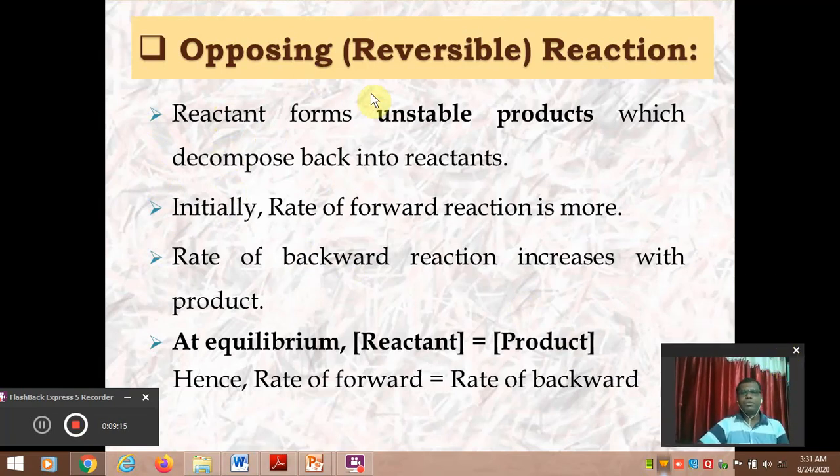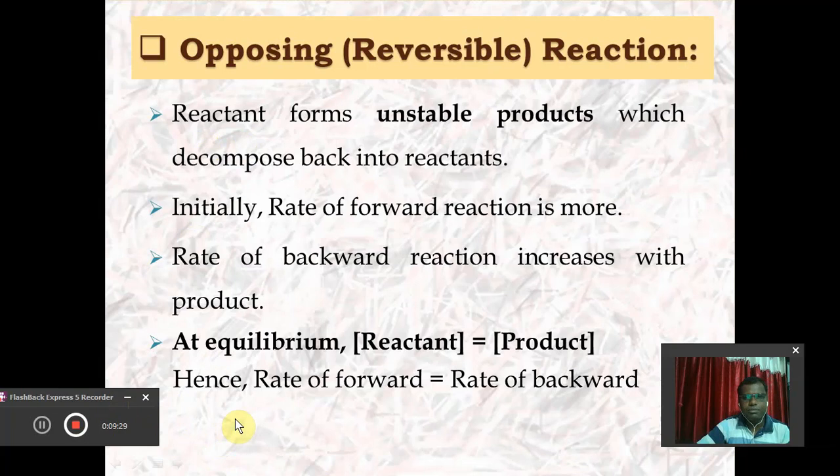Opposing or reversible reactions are reactions in which reactant molecules form the product, but these reactant molecules form an unstable product. So whenever you compare the stability of reactant and product, the stability of the product will definitely be smaller, and the product will not be stable.